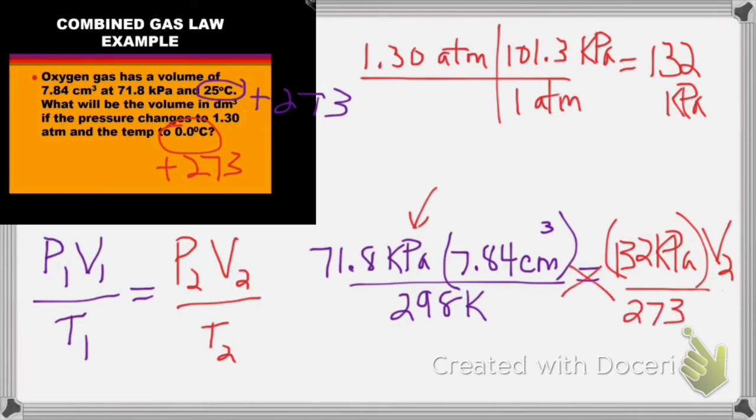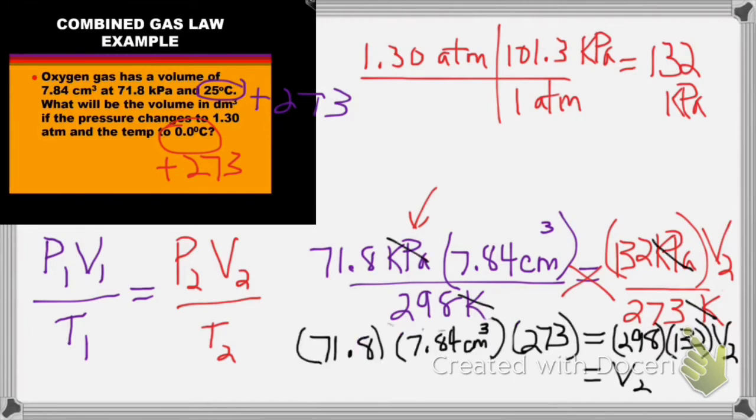Now we'll cross multiply to solve. And now if we simplify and isolate V2, we find that V2 would equal 3.91 centimeters cubed. Did we answer the question? Well, we got our volume, but they wanted it in decimeters cubed.